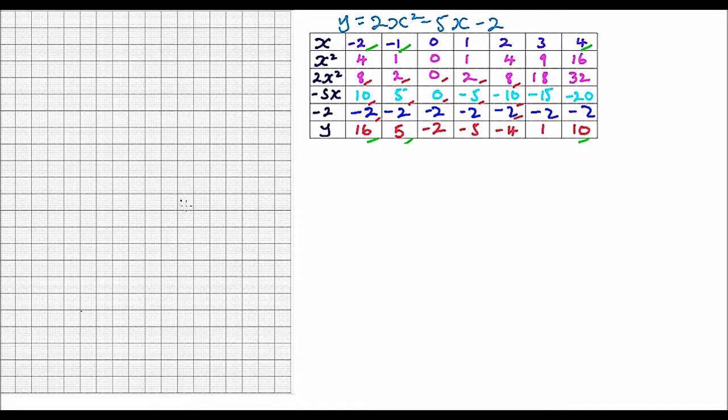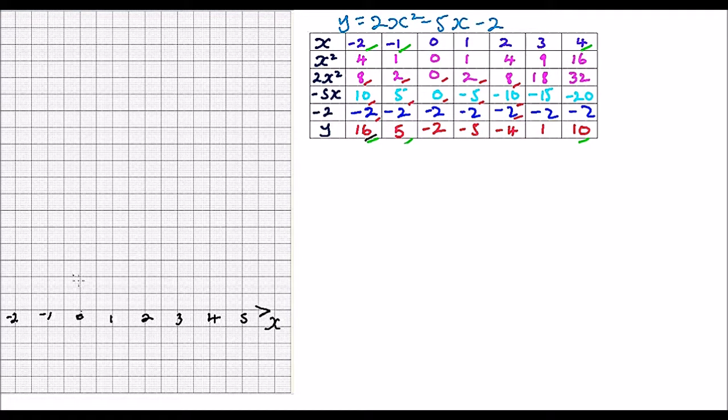Now here is our graph paper. So we are going to plot the graph of the function. We have the x-axis. We start from here. It is 0, 1, 2, 3, 4, 5. So that is our x-axis. Then we have minus 1, minus 2. On the y-axis, the highest value is 16.